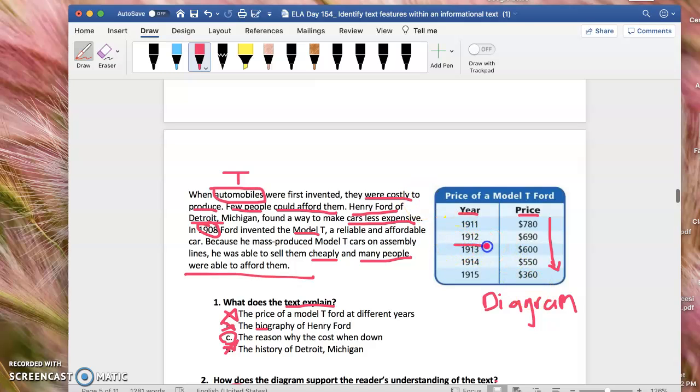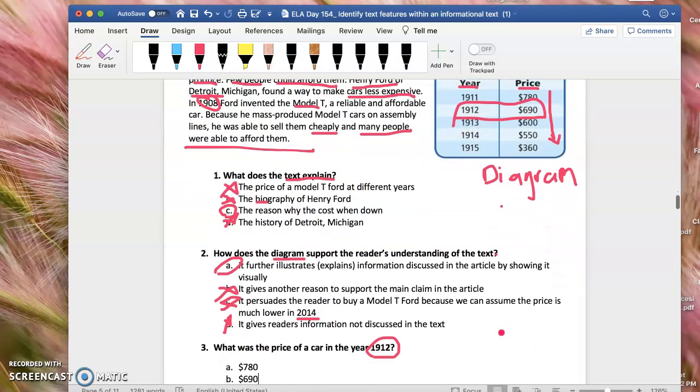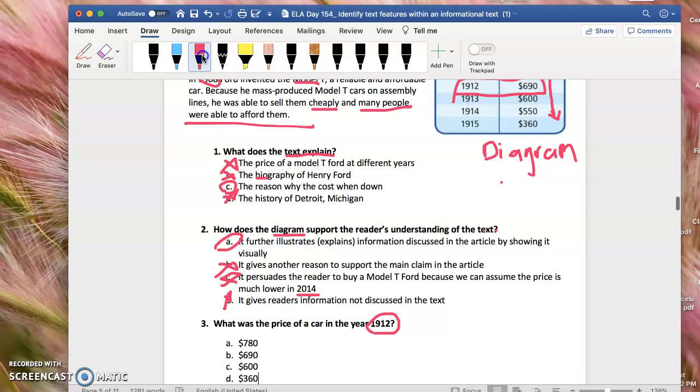And the price of the car is $690. Okay, and so when I go down, my answer would be B. Okay, very easy. When you're able to first read the text and look at the chart or diagram, it explains so much and it's so much easier.